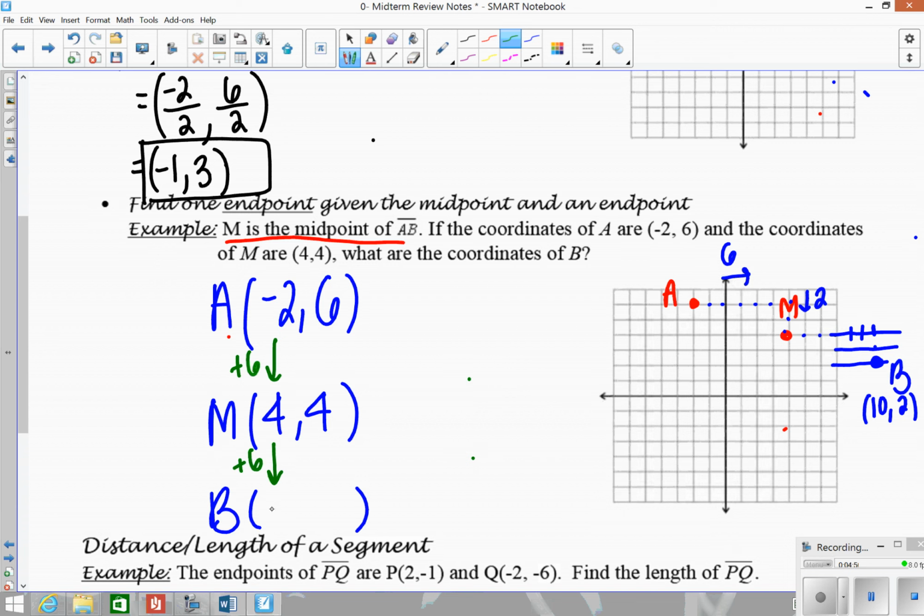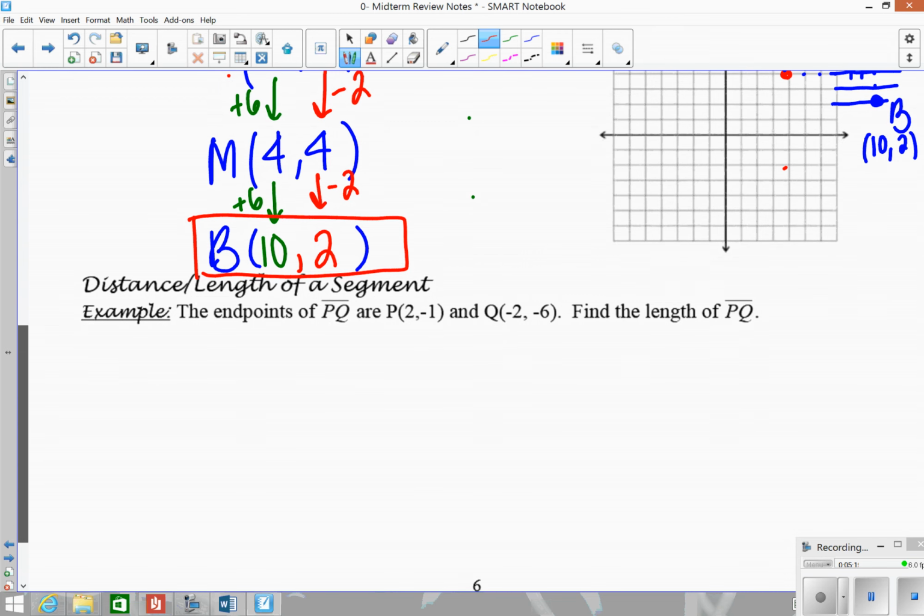So add 6 again, you get 10. Then you figure out how did I go from 6 to 4. So if you change from 6 to 4, you're going minus 2, which on a graph is down 2 if you're subtracting 2 from the y. Do it again, you get 2. So same answer, different way of getting it. Again, this is going to be more accurate when you come across decimals. Graphing might be easier, but only works if you have nice whole numbers.